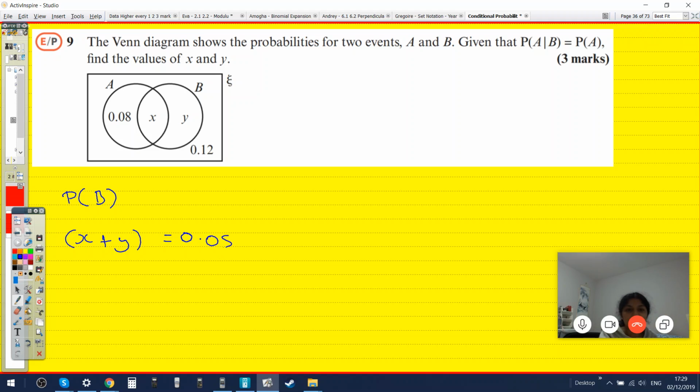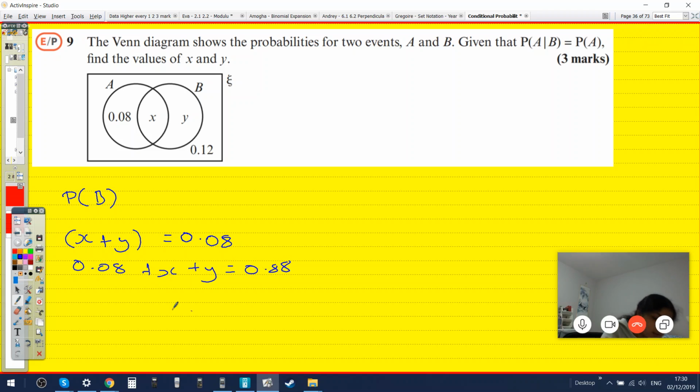And then you also know that 0.08 plus X plus Y is equal to 0.88.